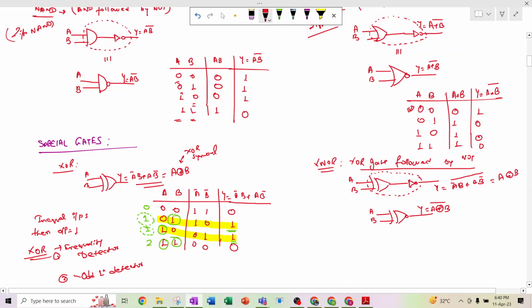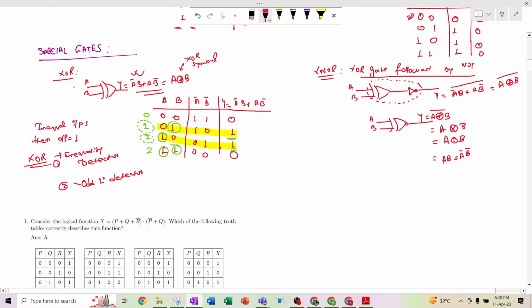Here also it is the complement of XOR, and it can often be written as A cross B or A dot B. If we expand this, we get AB plus A bar B bar. Like in the XOR gate we got A bar B plus A B bar, but here AB plus A bar B bar.